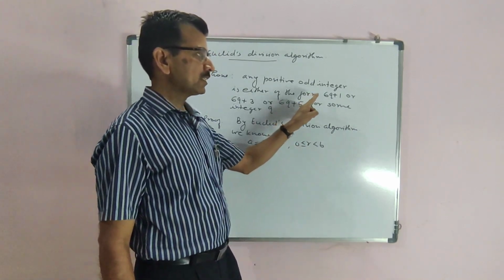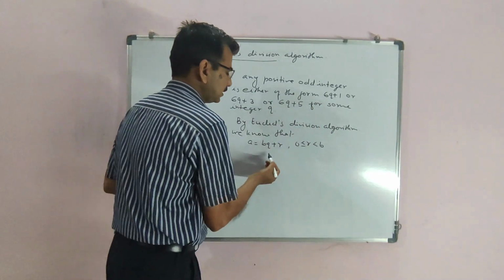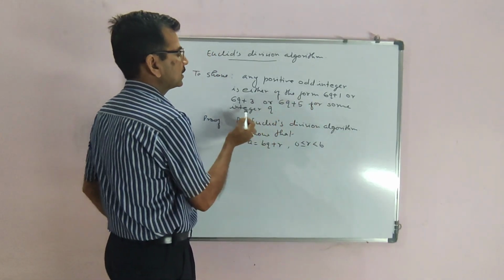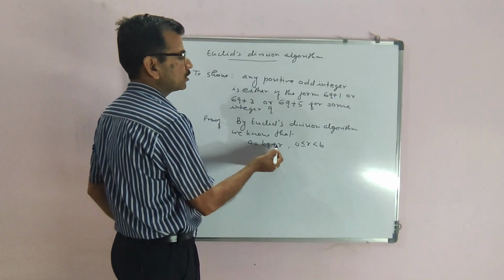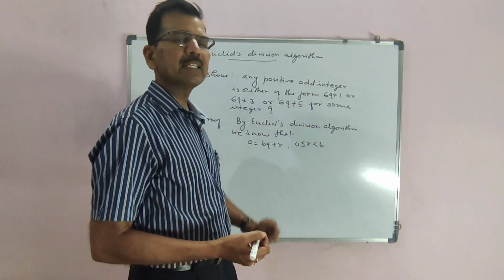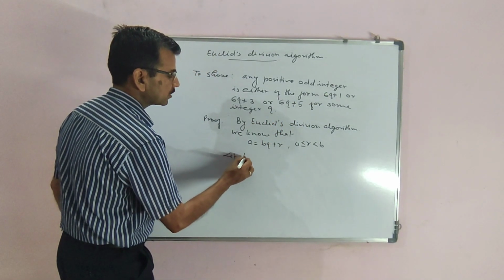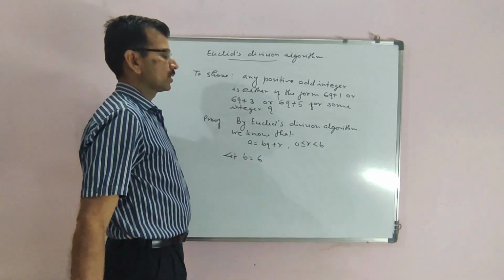So if we see the form in which we have to prove, very clear it is, the value of b we can take as 6. So we take here that b is equal to 6.